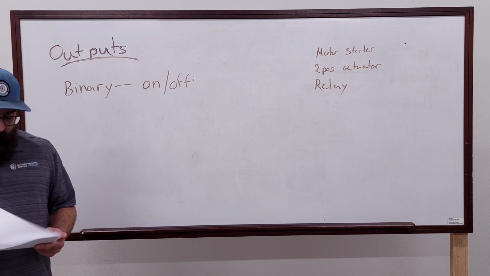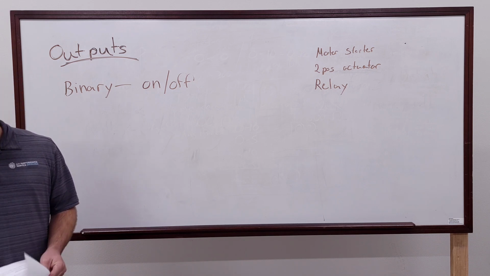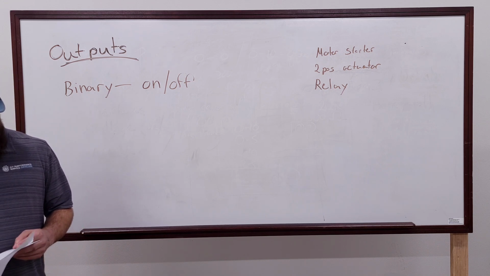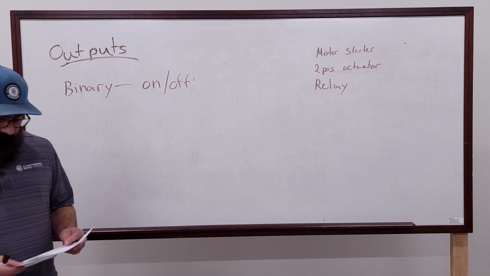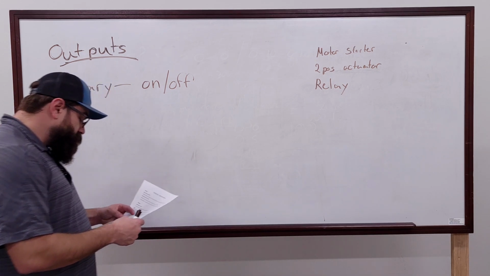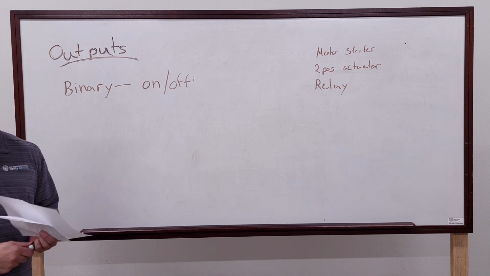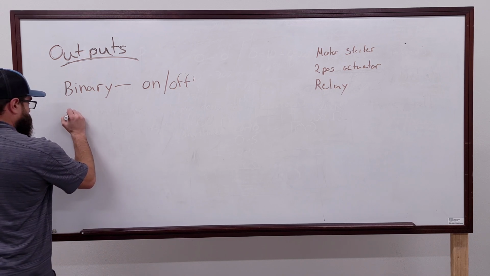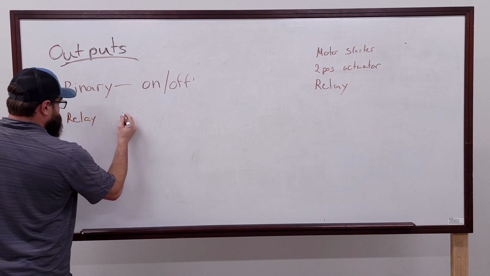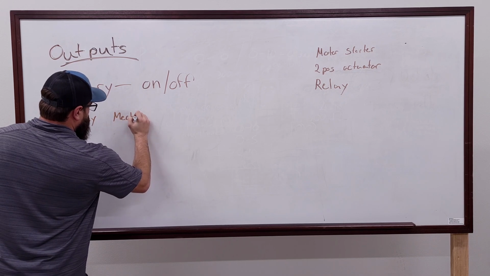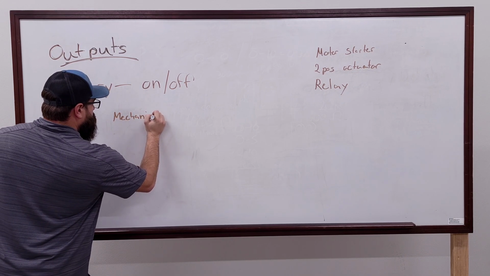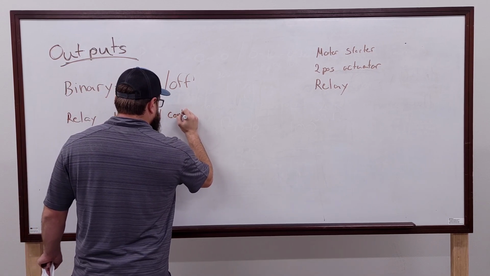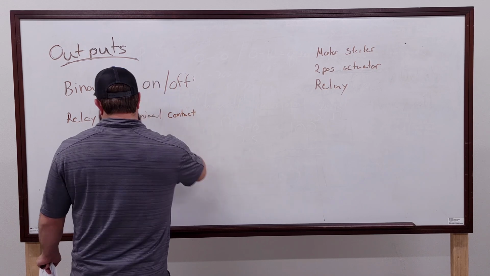There are a couple different kinds of binary outputs. I'm going to focus on 2 of them because we don't really mess with this third one, at least not in our world. I'll touch on them at the end just so that y'all know about them. But there are a relay, which is a mechanical contact.